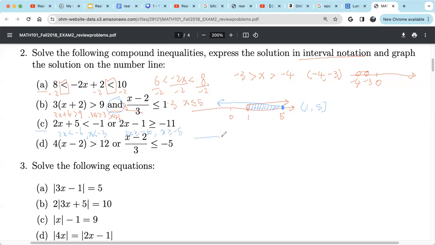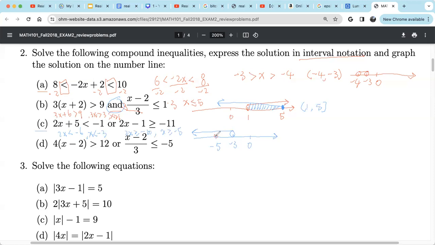Now let's graph. Right. Let's see, 0 is here. We have the number -3. We have the number -5. First solution is x less than -3. The second one, let me change my color to red. The second one is x greater than or equal to -5.